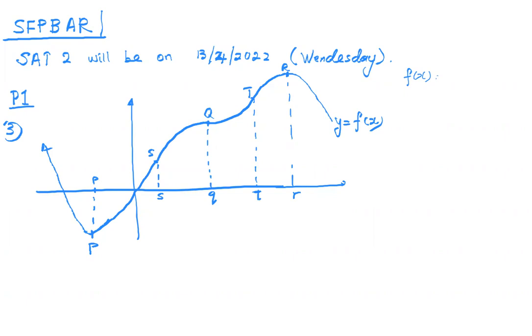So if I ask you what is the value of f(P) based on this graph, what can you tell me? I can only tell you it is less than 0.